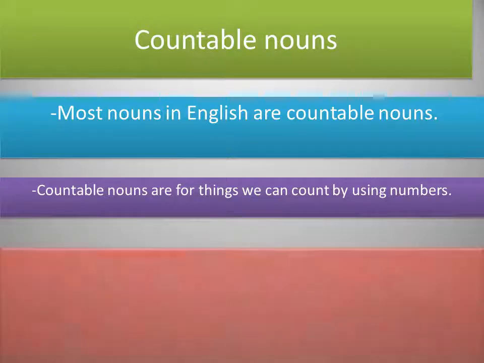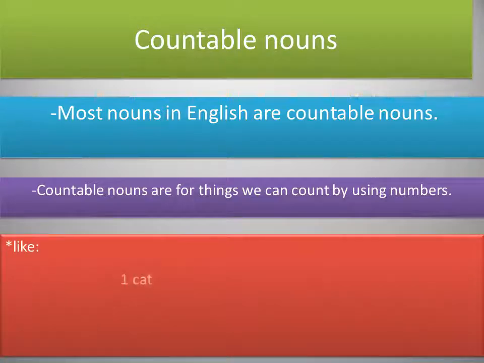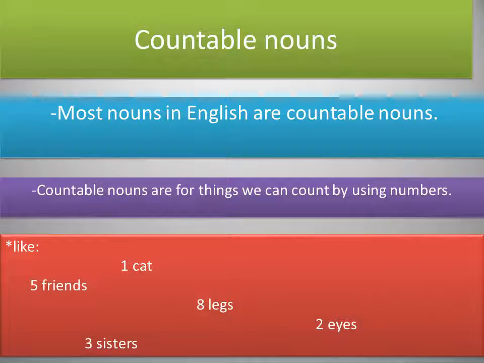Like what? Like cat, I can say one cat. Like friends, I can say 5 friends. Like legs, I can say 8 legs. Like eyes, I can say 2 eyes. Like sister, I can say 3 sisters.